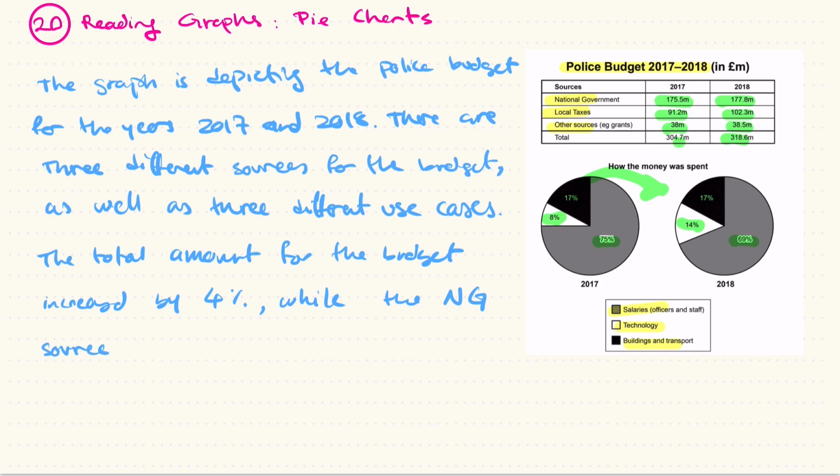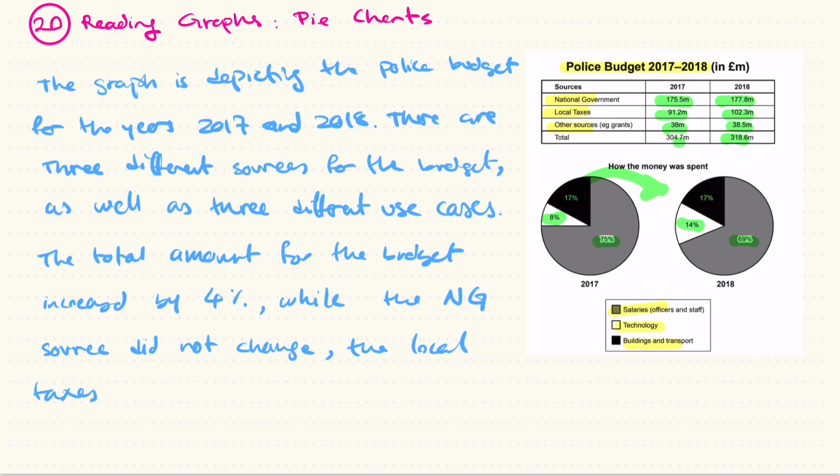National government source money or source budget did not improve or did not change, comma, the local taxes improved or increased, let's say, because improve is positive.